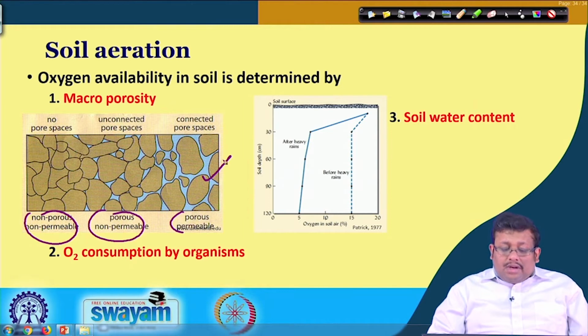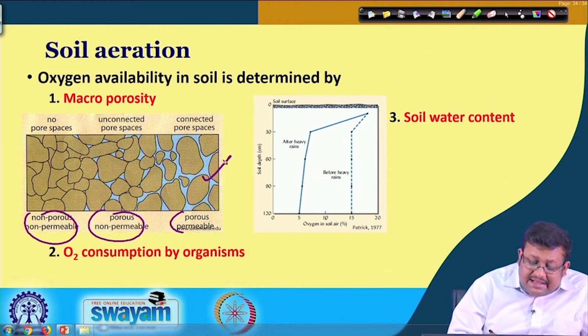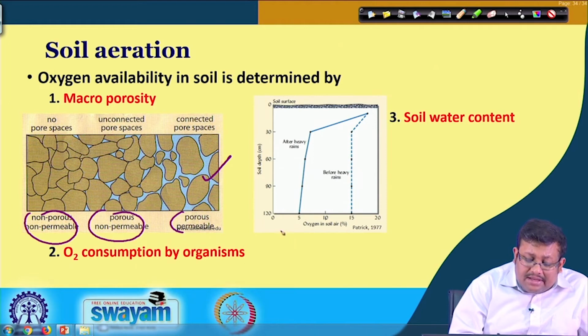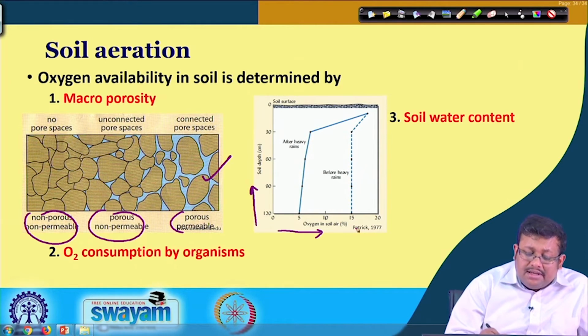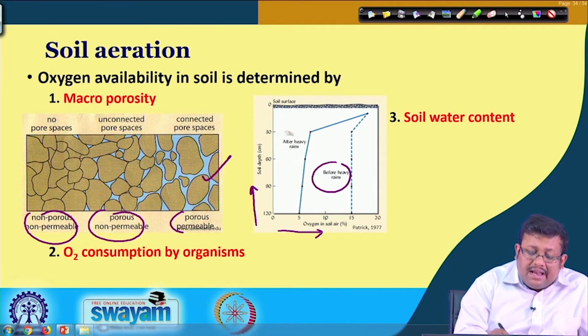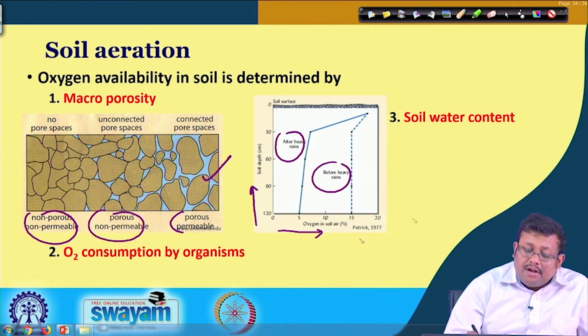In this graph, we can see the relationship between oxygen in soil air and soil depth, and the differences between the oxygen in soil air before heavy rains and after heavy rains. Before heavy rains there will be a higher amount of oxygen, whereas after heavy rain there will be a lower amount of oxygen, because the pore spaces are filled by water, removing the air.